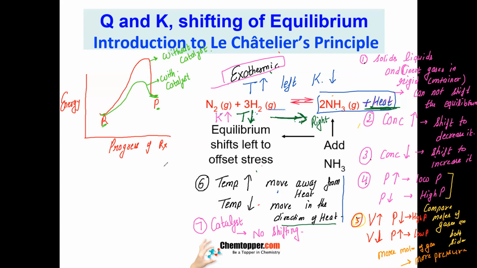So when is the rate of reaction faster? With catalyst or without catalyst? With catalyst. Why is the rate of reaction faster with catalyst? Because activation energy is less.